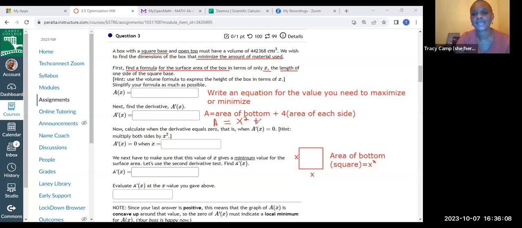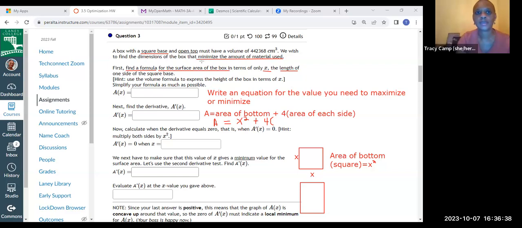And then we're going to add the area of each side times 4 because there are 4 sides. So we're going to have plus 4 times, and in parentheses, we'll have the area of each side. Let's say this is a side of the box.